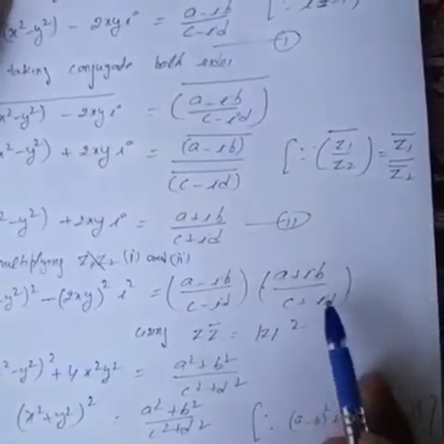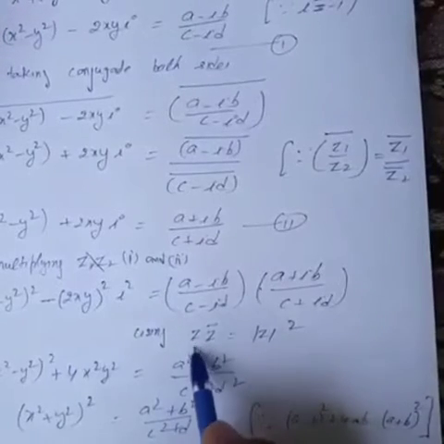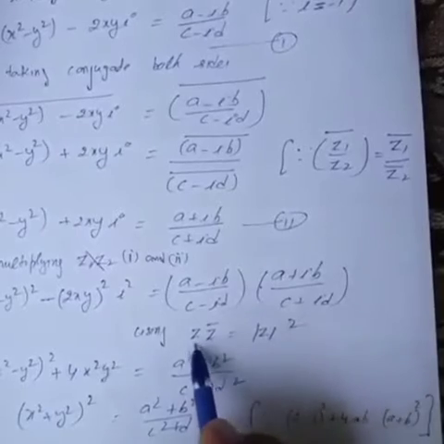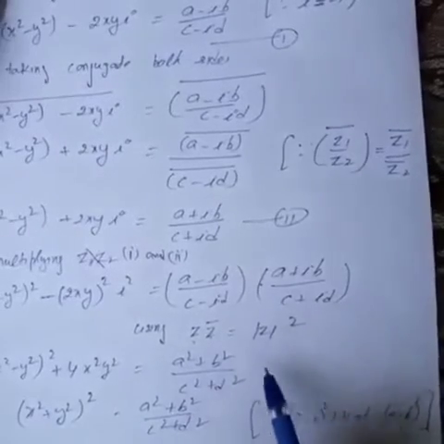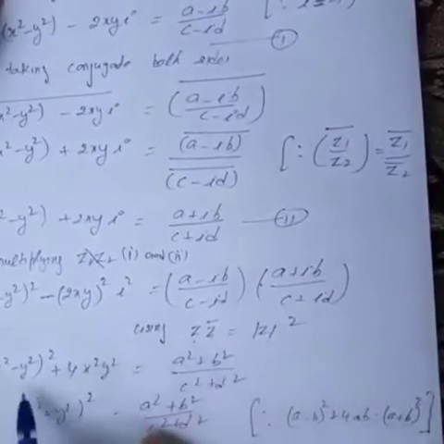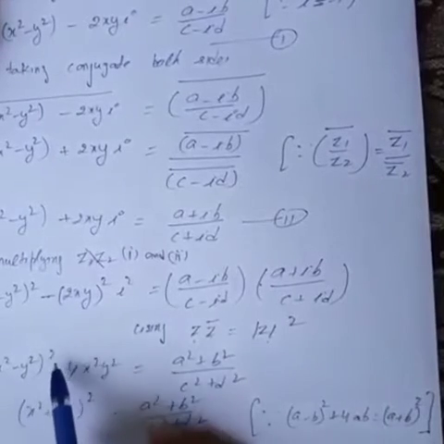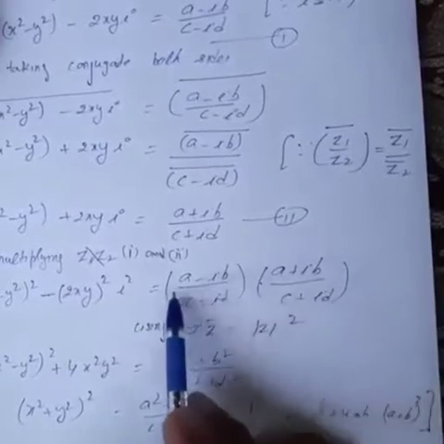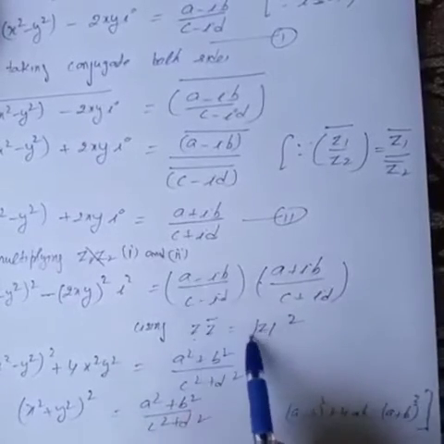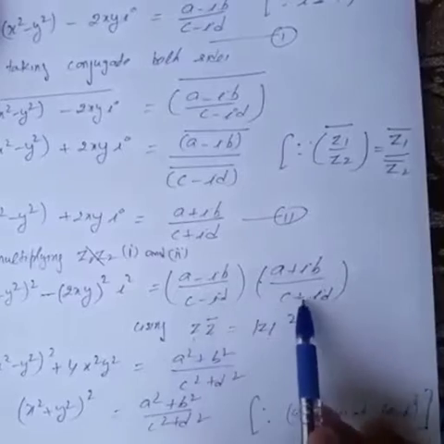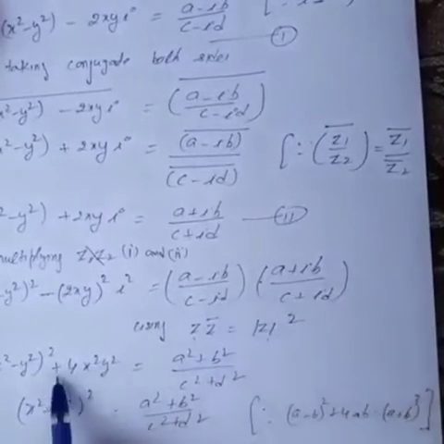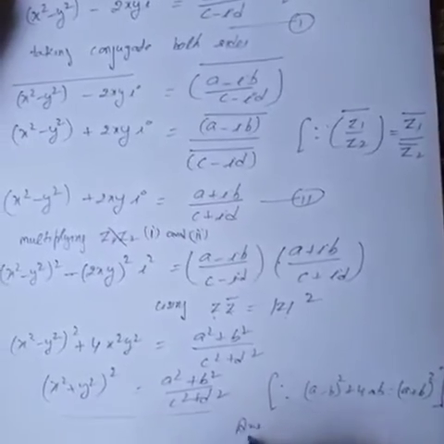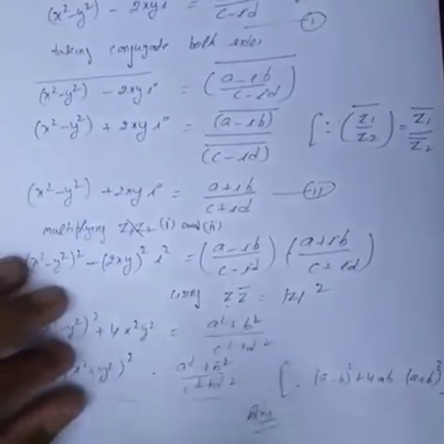Or you can also use z into z bar is equal to mod of z square. We can use this property also. So using this property, you will have (x square minus y square) whole square plus 4x square y square. Similarly on the right hand side, we have to use this same property in the numerator as well as in the denominator. So after simplification, you will get this step. This is what we have to prove. I hope it is clear.